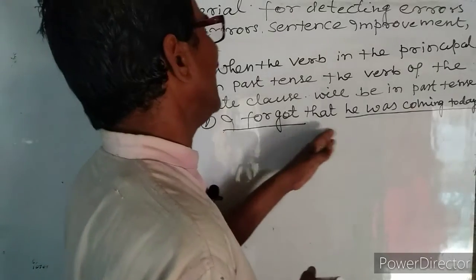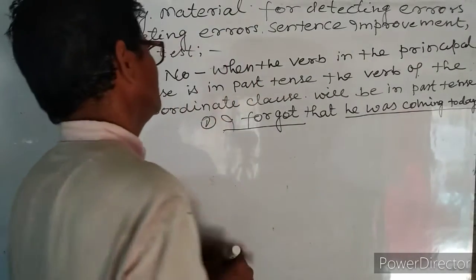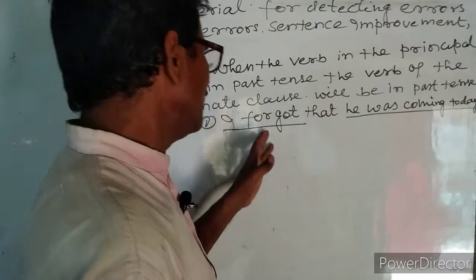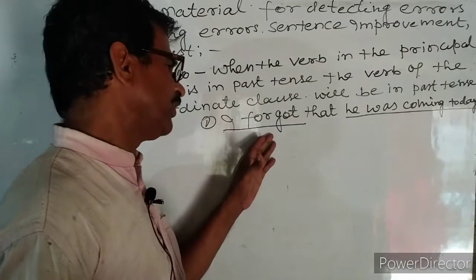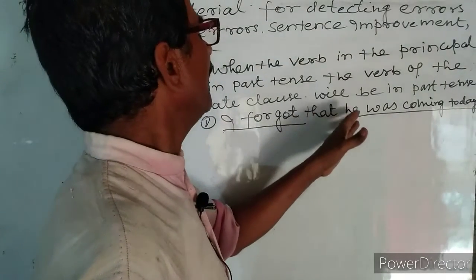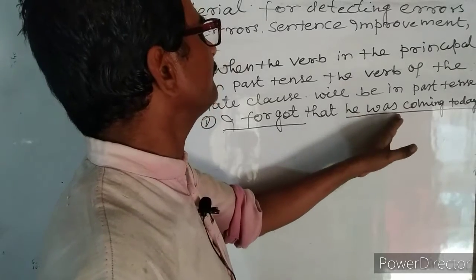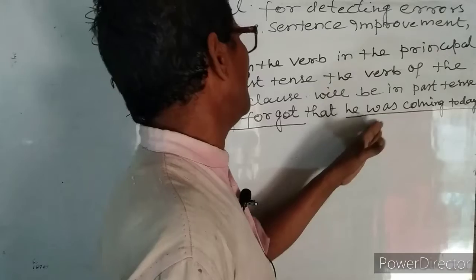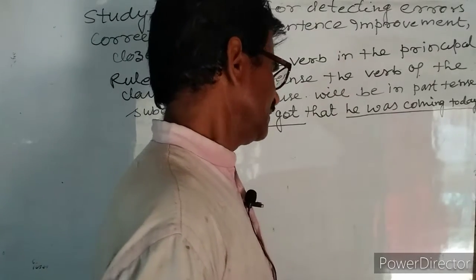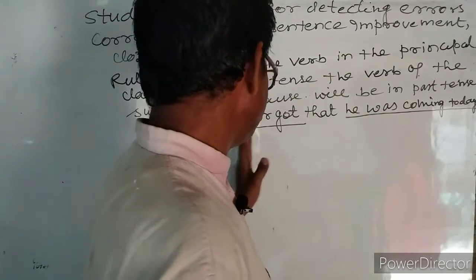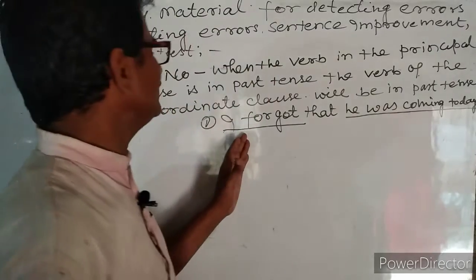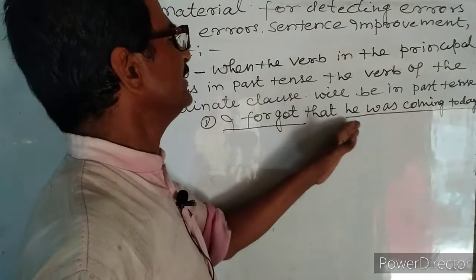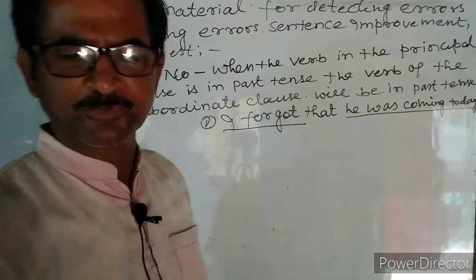In the principal clause the tense is in past form, so the tense should be in past form in the subordinate clause. The principal clause is also called the independent clause. So here the subordinate clause will be in past form.